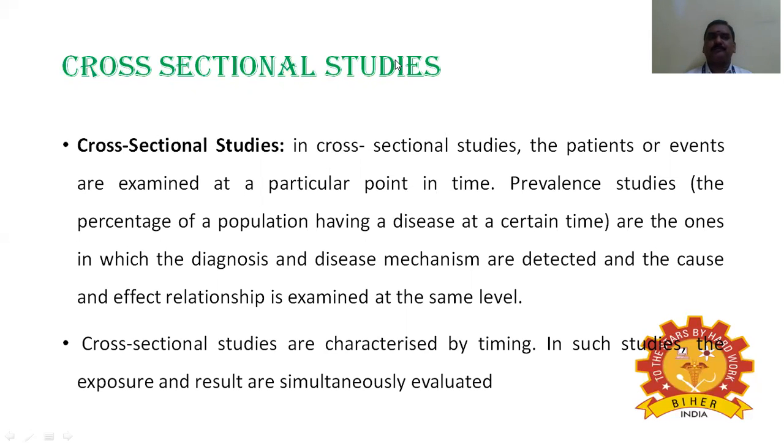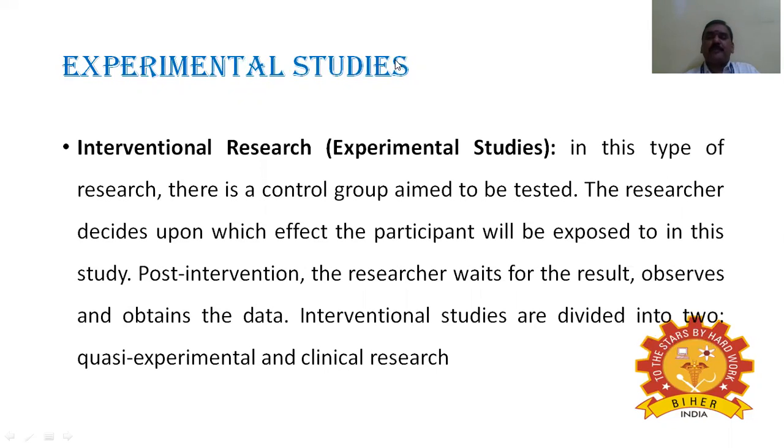Next, I'm coming to the experimental studies or interventional research. Interventional research is sometimes called experimental studies. In this type of research, there is a control group to be tested.